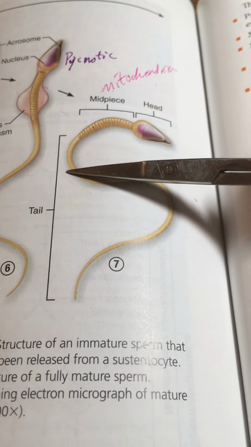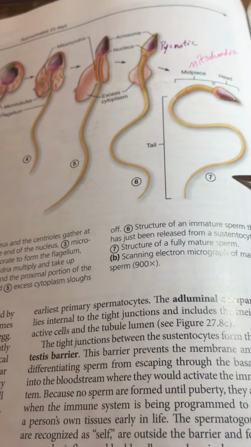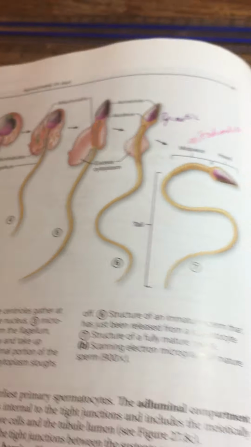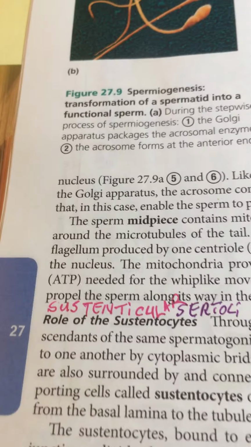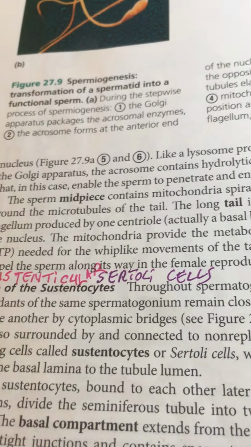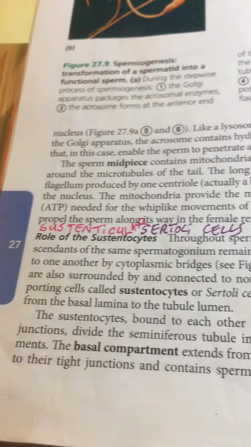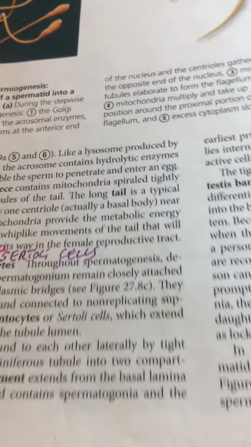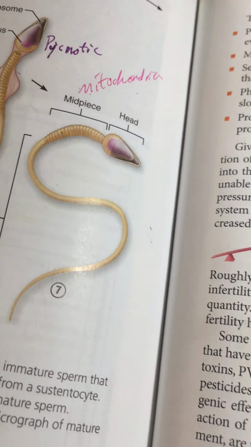It's part of the construction, and we have the tail, or the flagellum, right there. So that's that particular development. And then let's take a look here. They describe the work of the Sertoli cells here, and the creation of a blood-testis barrier. Okay, so that's that particular issue.